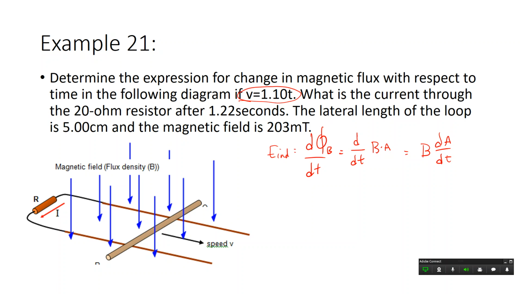Great. So that means I now have the EMF induced is going to be equal to B times the length times the change in my width, right? Because the area of a rectangle is length times width, or base times height. Do you guys prefer base times height? Let's do base times height.